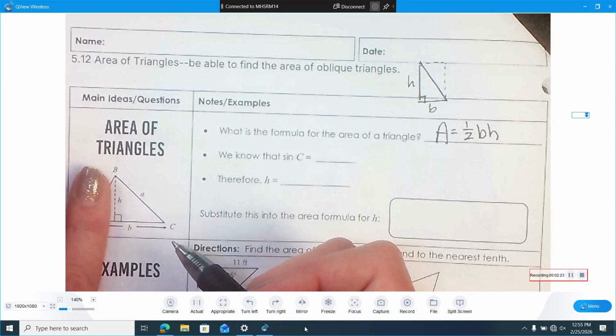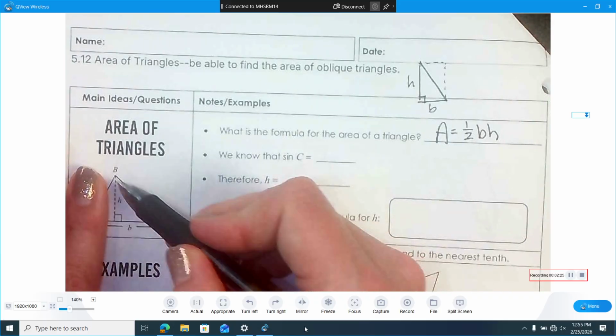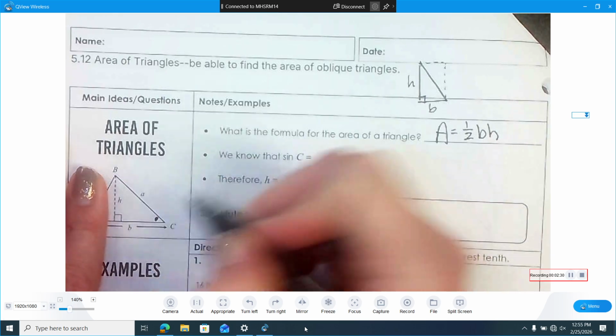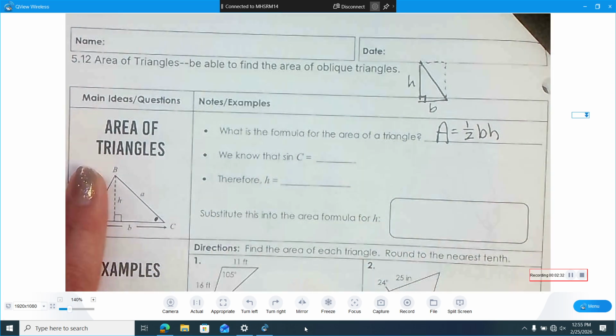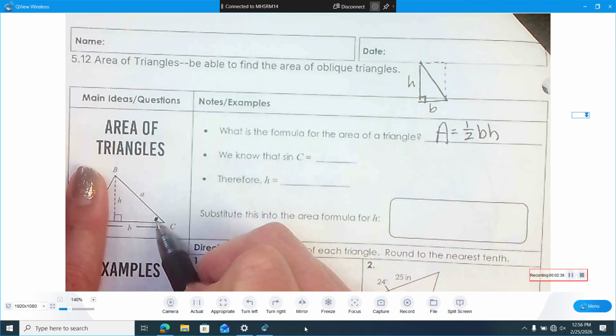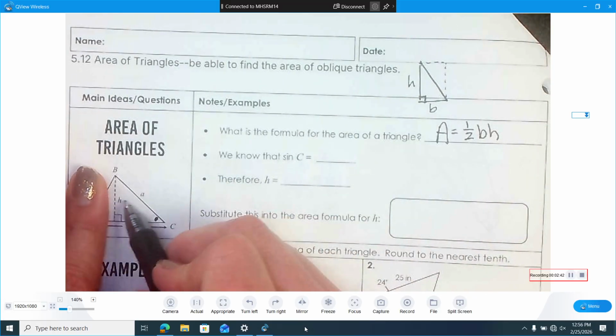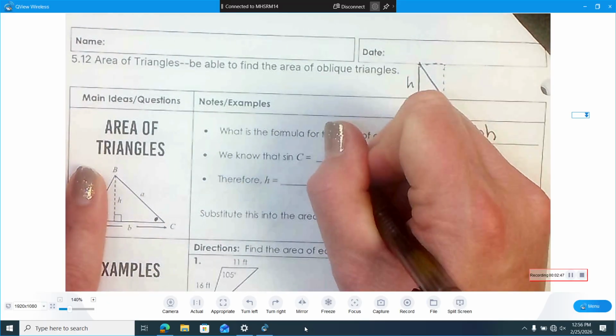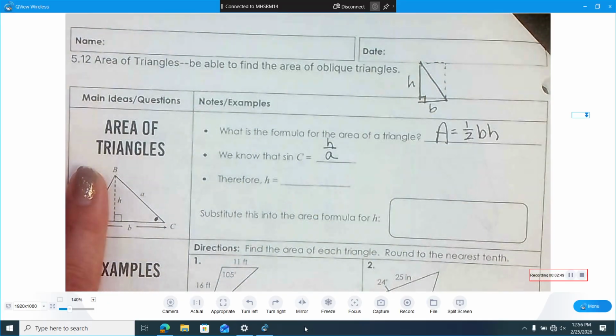So what I can do is imagine now I have this right triangle right here. And maybe I know this angle measure, angle C, okay? So the sine ratio looking from angle C would be opposite over the hypotenuse here, so h over a.